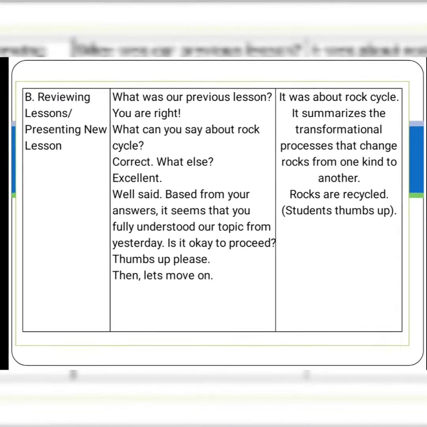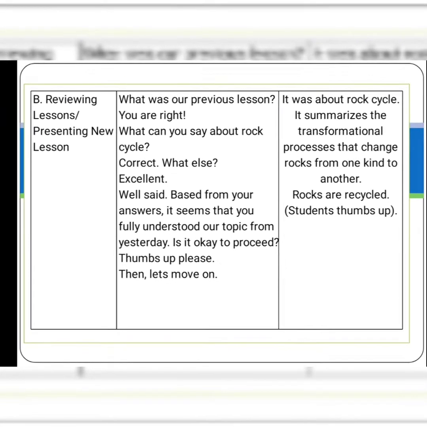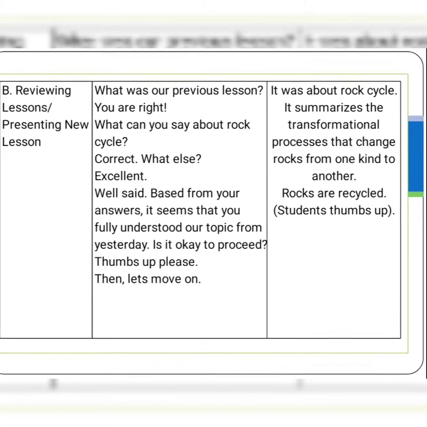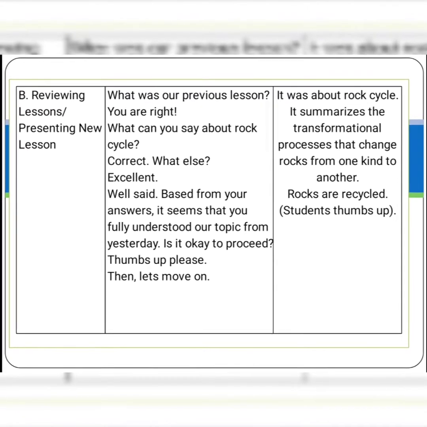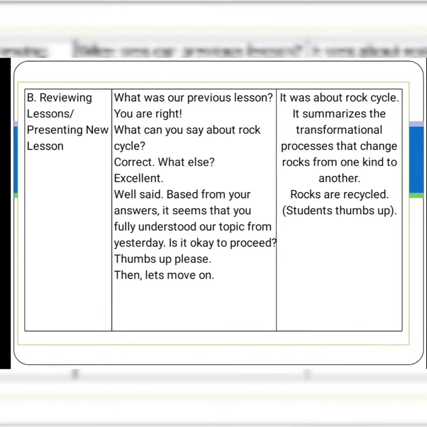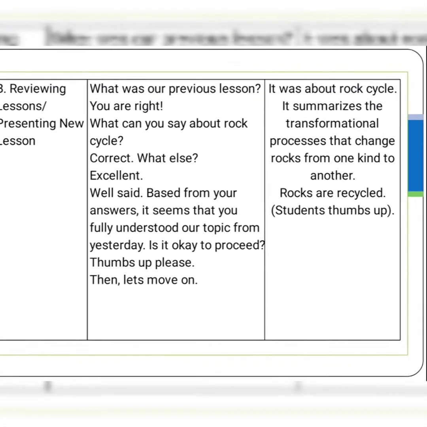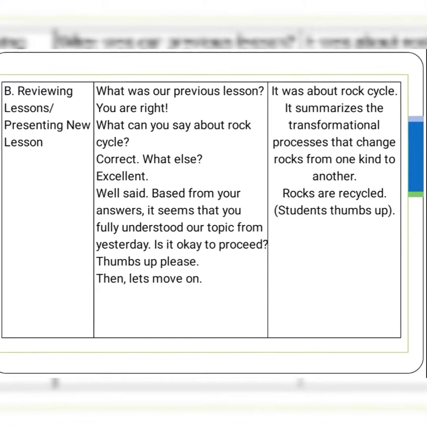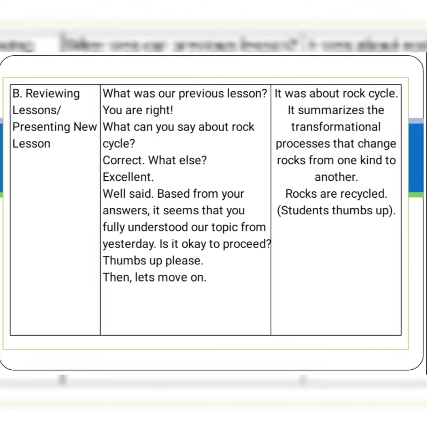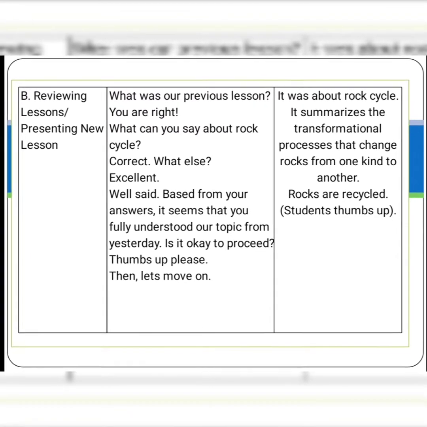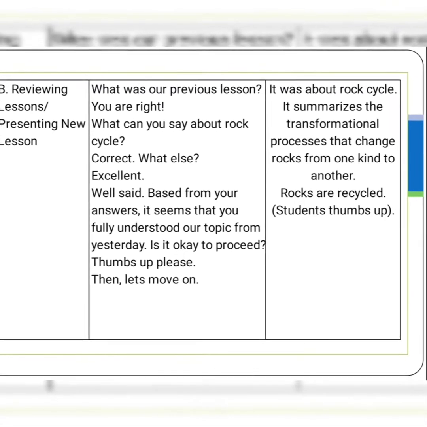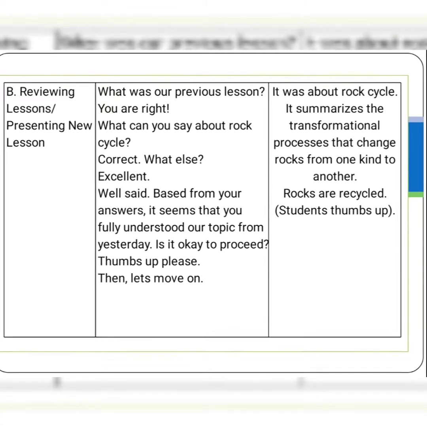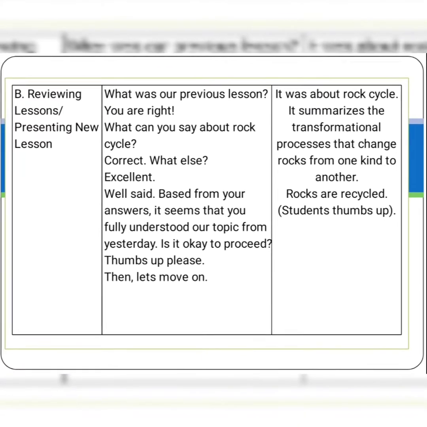Remember, the teacher keeps on asking and the student should be the one answering the question. So when you write your lesson plan, you have to detail the possible answers of the students, just like in this example. So reviewing of lesson, this should be fast, like 3 minutes is enough.